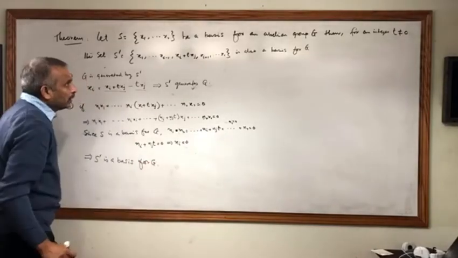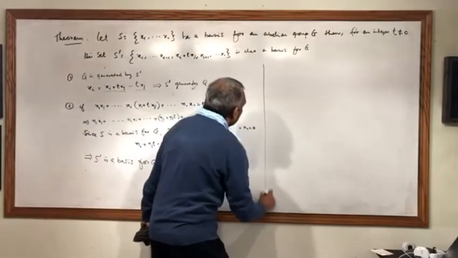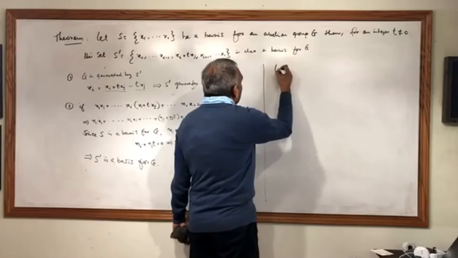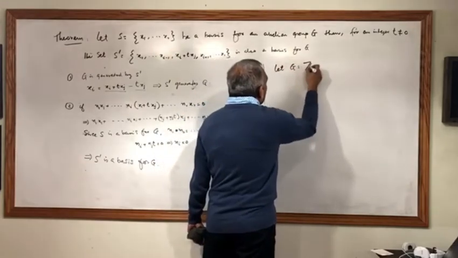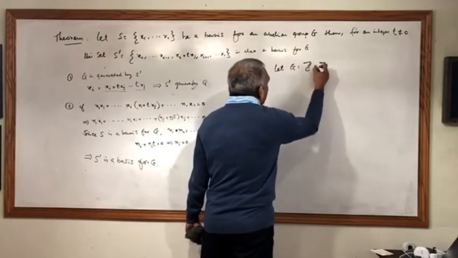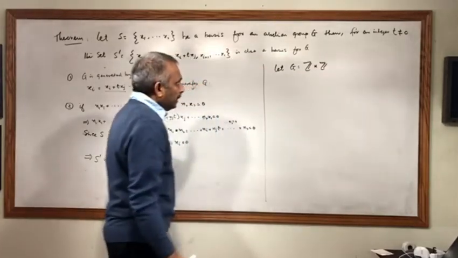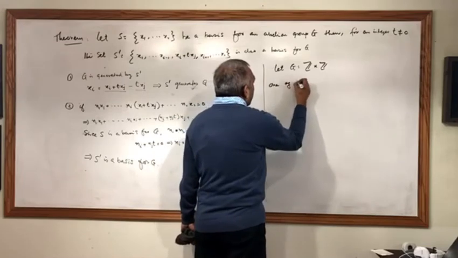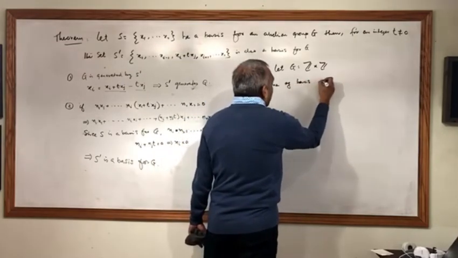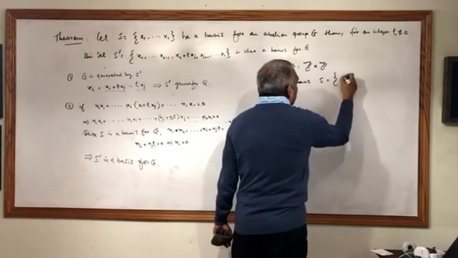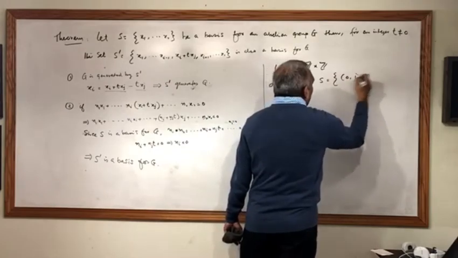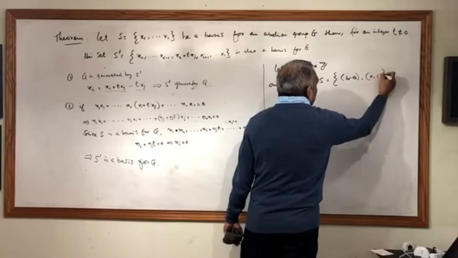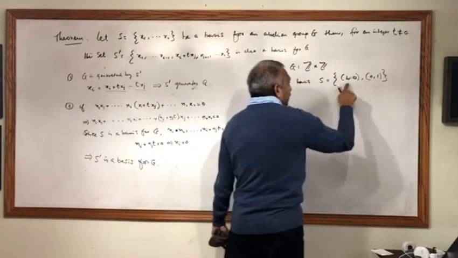Let us take an example here. Let G be a finitely generated free Abelian group. One of the bases S is equal to 1, 0, 0, 1, because every element of this can be expressed as a linear combination of this.